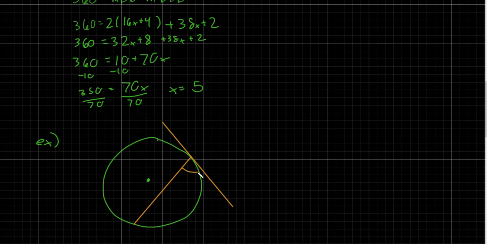Yep, this angle right here is going to be 126 degrees, plus A, B, C, and D. I want you to find the degree measurement of arc AB and ACB.